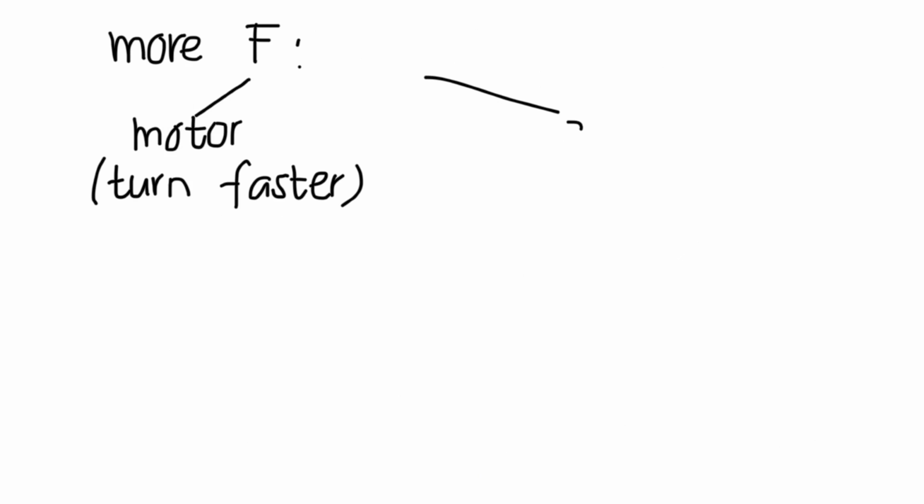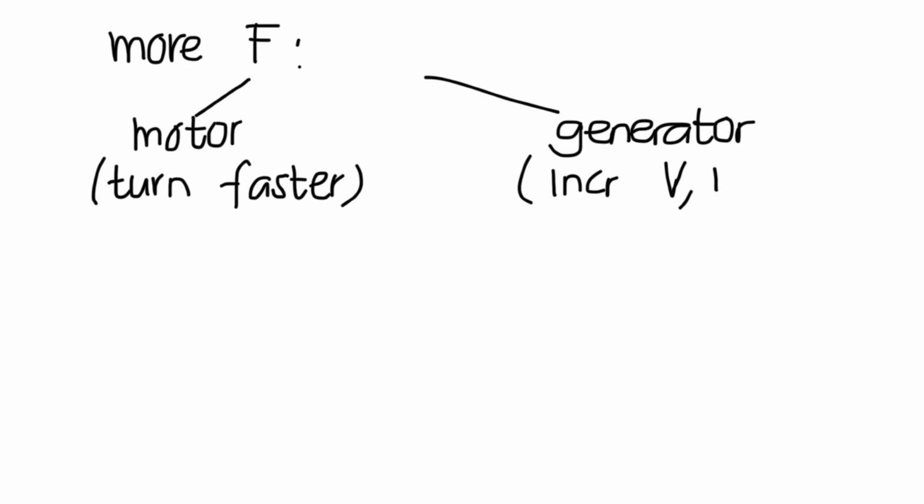If it was a generator, the question would mean, how do I increase the potential difference, and how do I increase the current which is generated? In both cases, it's about the third one, the one that your palm actually ends up doing. So how do I get more of them?